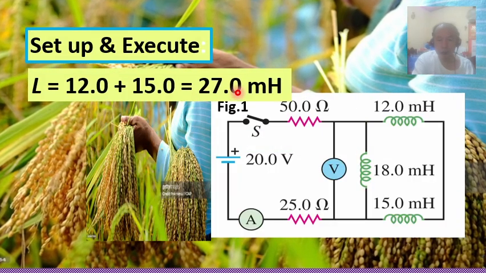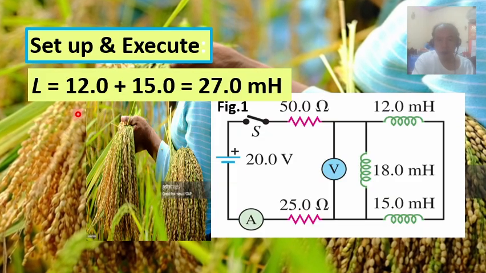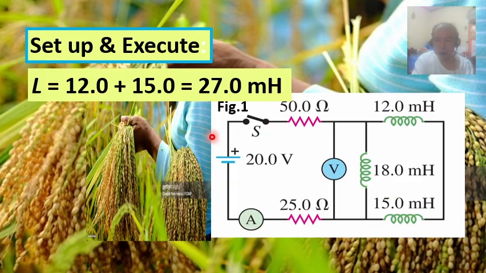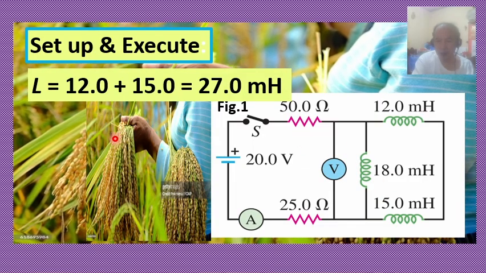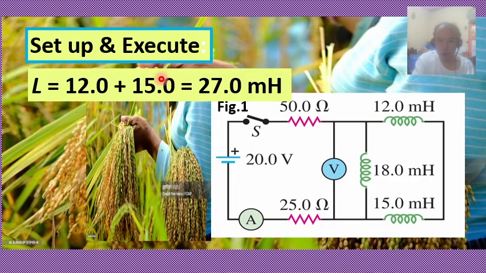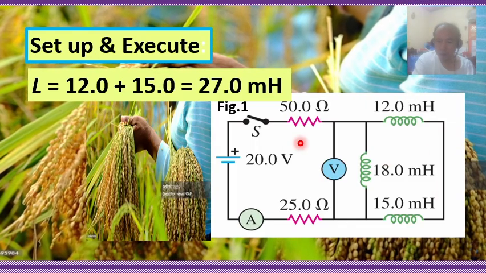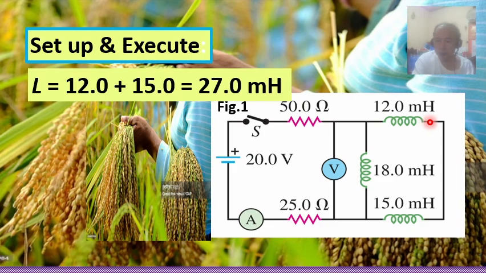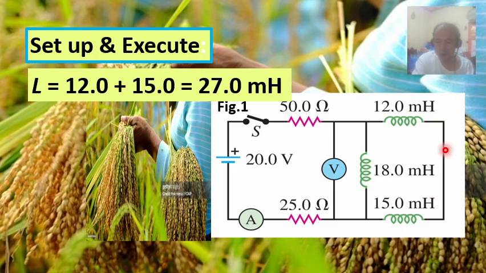Before we can answer the question in part C, we need to determine the total inductance in this circuit. So we start by getting the sum of the 12.0 millihenry inductor and the 15.0 millihenry inductor.